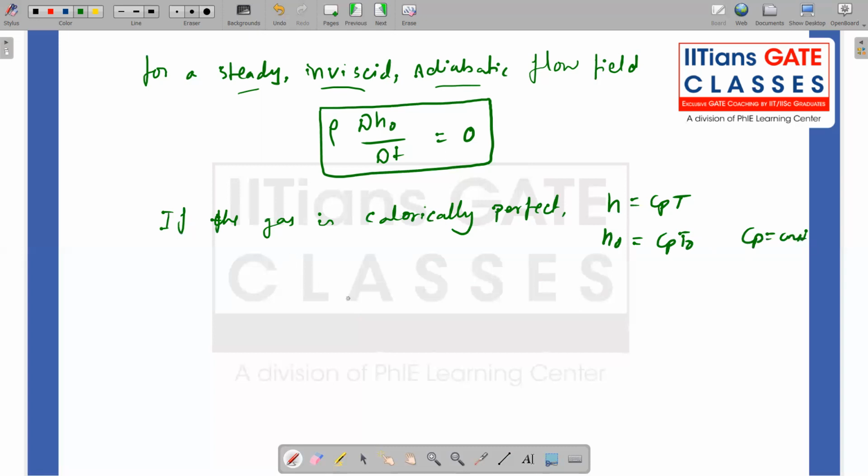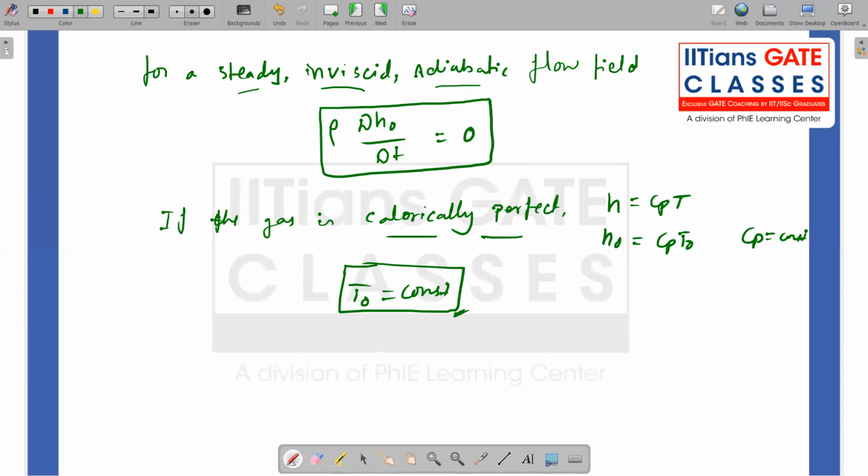So in this case, my T naught is constant in this flow field. For steady adiabatic inviscid flow, T naught is constant, given that it is a calorically perfect gas. So this is my stagnation temperature.